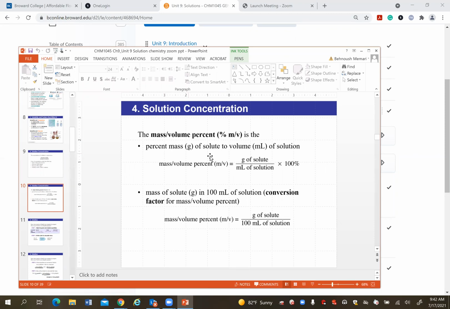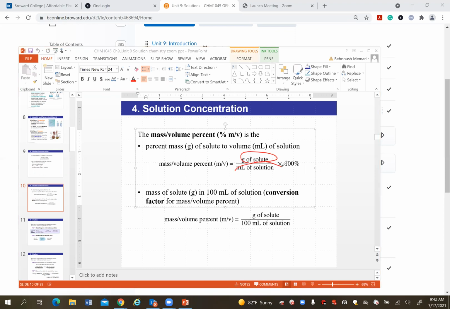So to find the percent or concentration based on the percent for a solution, you must be given the mass of the solute and the milliliter of the solution.